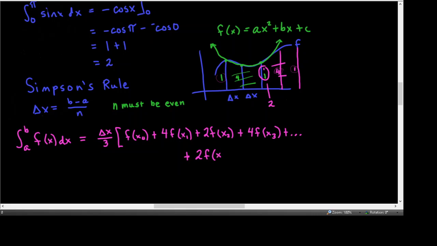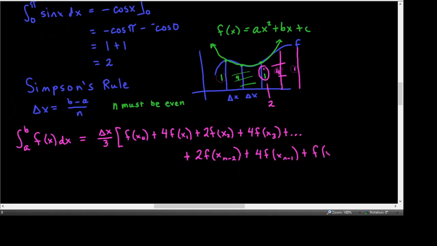The penultimate one would be used 4 times. Okay, second to last one's used 4 times. And the last one, x sub n, is used just once.